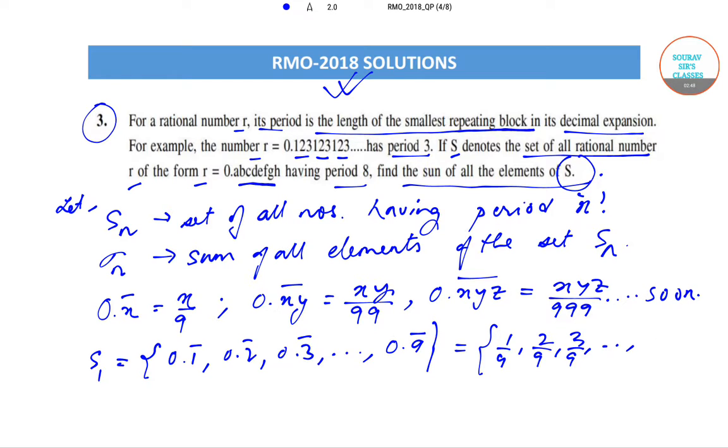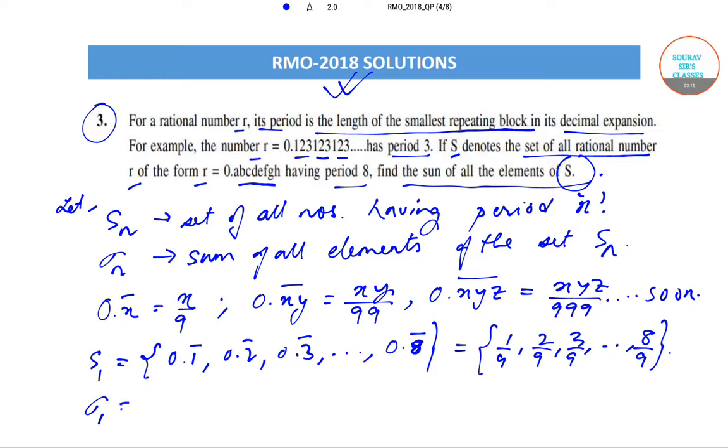We cannot write 9 by 9, since 0.9 bar is not possible, so it goes up to 0.8 bar, which is 8 by 9.